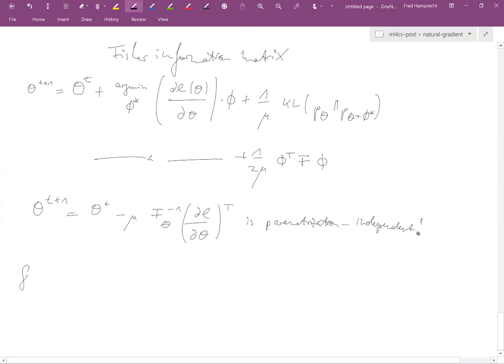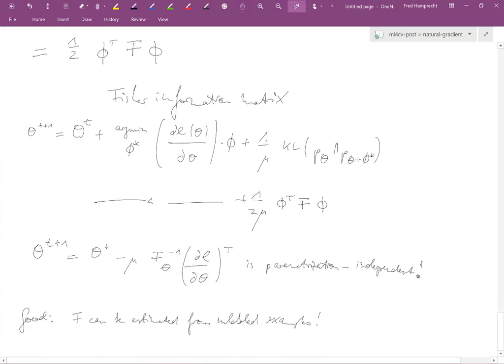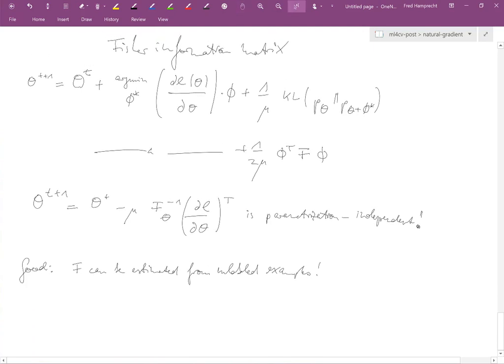Now, what's good about this? We don't actually need the training labels, because the true labels do not appear. We simply see how strongly does the output distribution change if we change any of the parameters in the model.